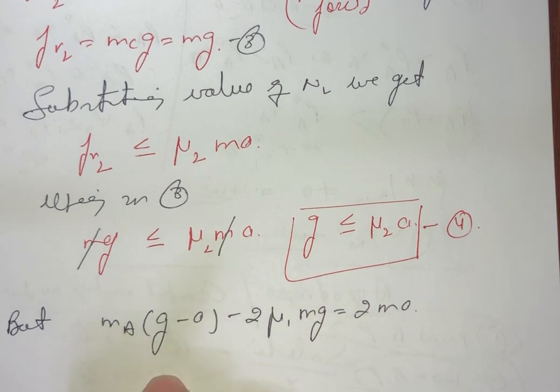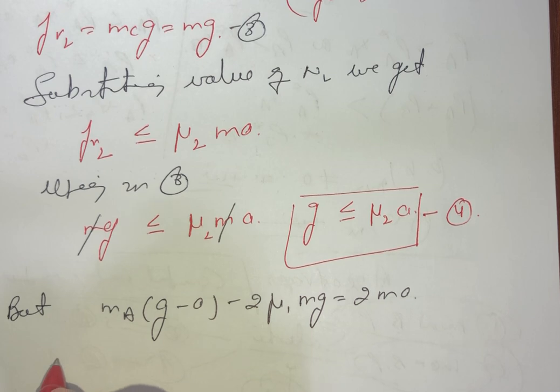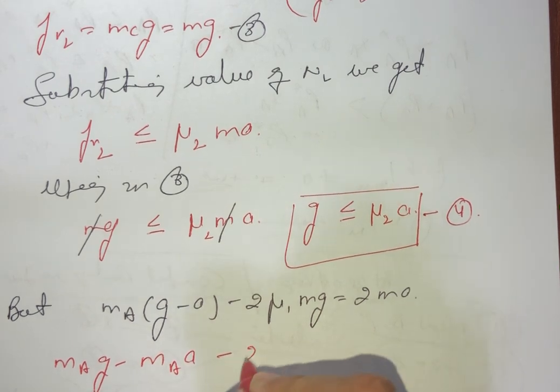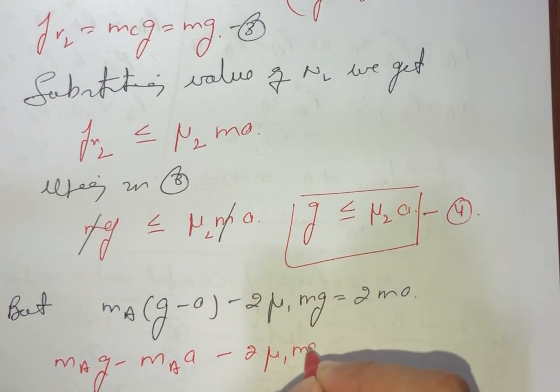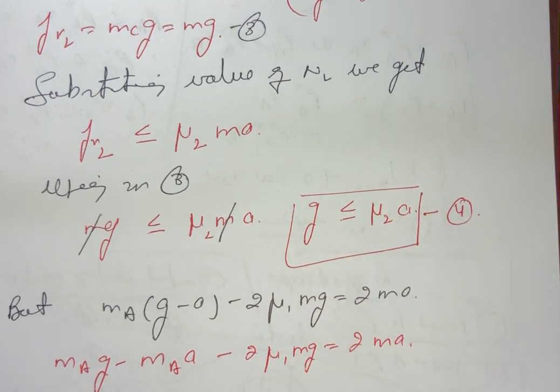So we are going to use this equation to find the value of a. So let's open the bracket. We get MAg minus MAa minus 2 mu1 mg is equal to 2ma.